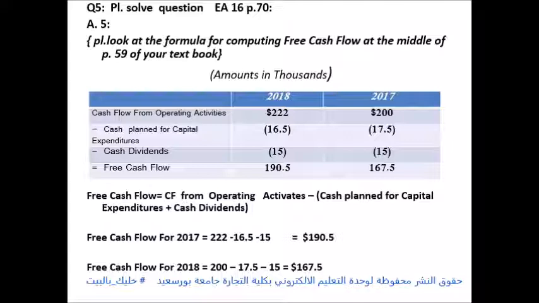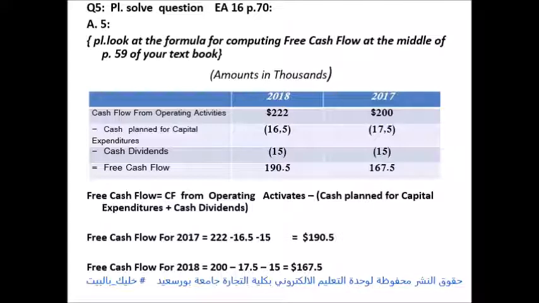It gives you free cash flow equals cash flow from operating activities minus cash planned for capital expenses plus cash dividend. That means what? You have to take cash flow from operations and deduct from it two items: cash planned for capital expenses and also cash dividends. Finally, you get free cash flow.